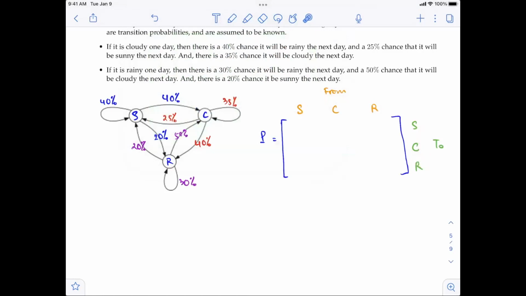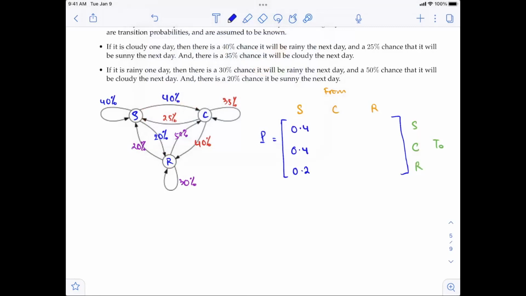Okay, so if the day is a sunny day, there is a 40% chance that it will be sunny again. So that is 0.4. If it is sunny, then there is 40% that it becomes cloudy the next day. So 0.4. And if it is sunny today, there is 20% that it is rainy the next day. So 0.2. And so on and so forth.